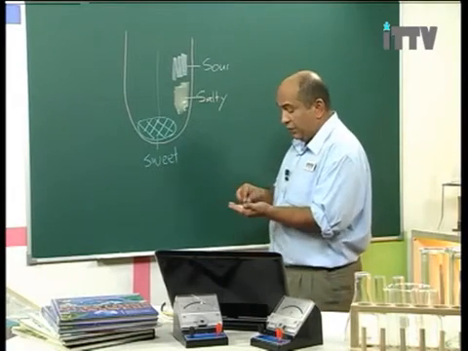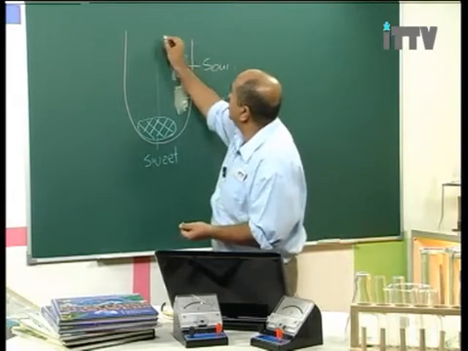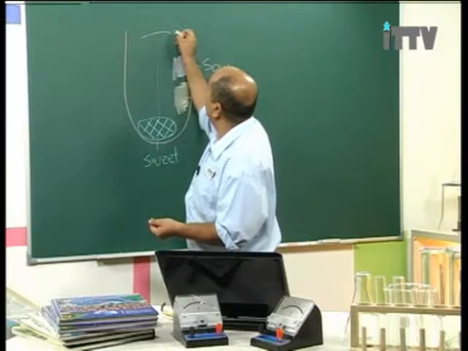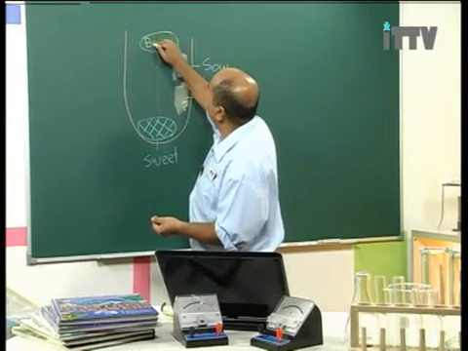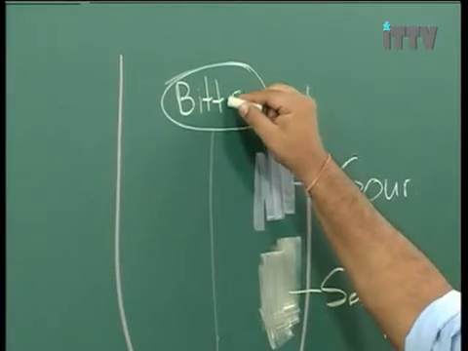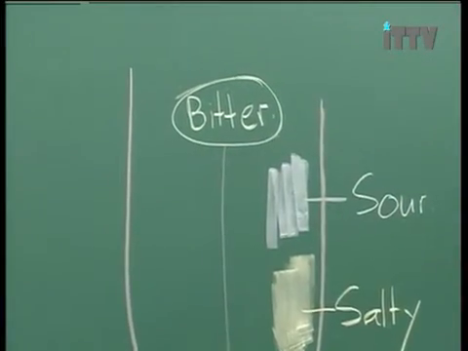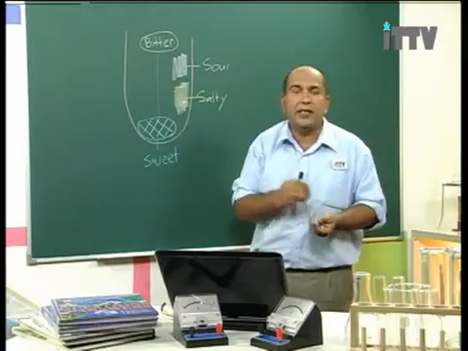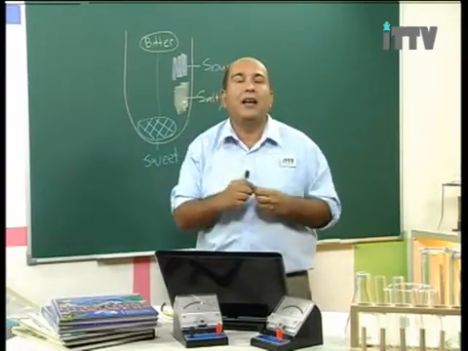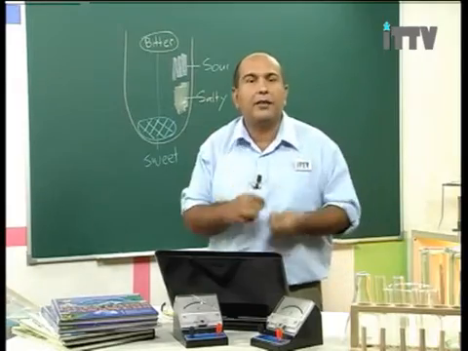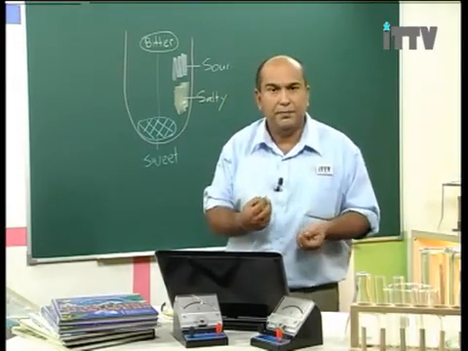Finally, the last of our tastes sits at the back of our tongue, over here, and this is the bitter area. So when you eat, these are the areas of your tongue that actually detect the stimulus of taste.